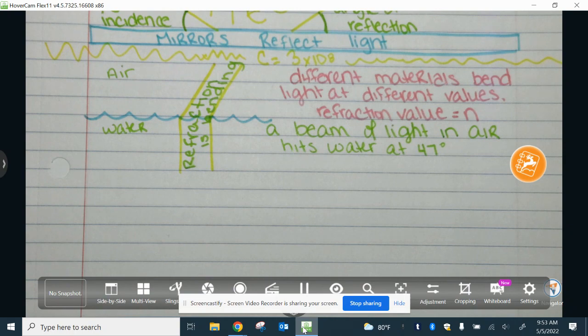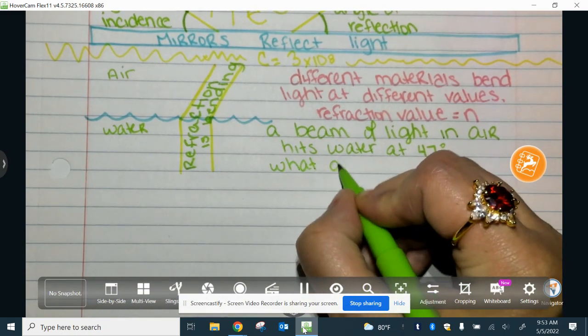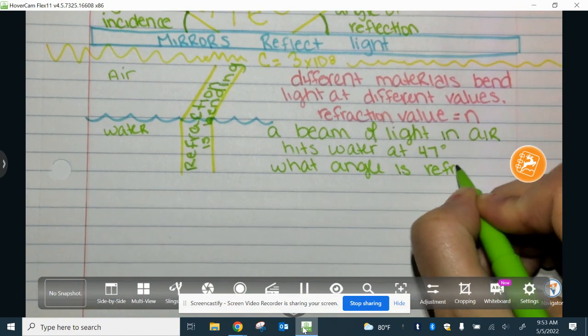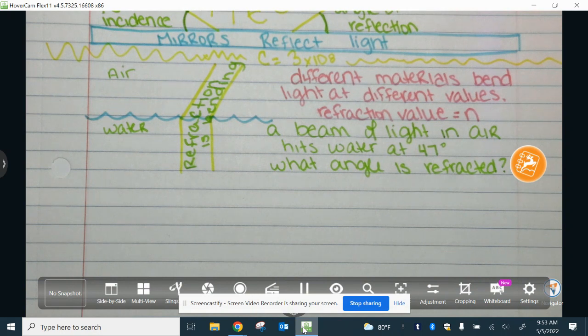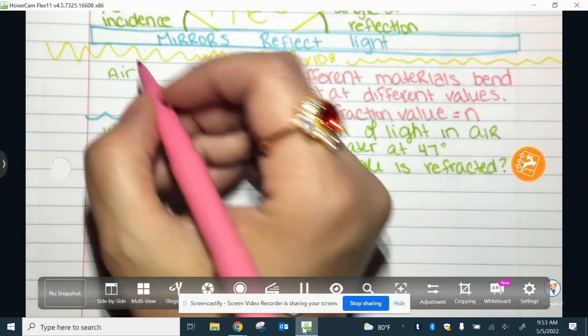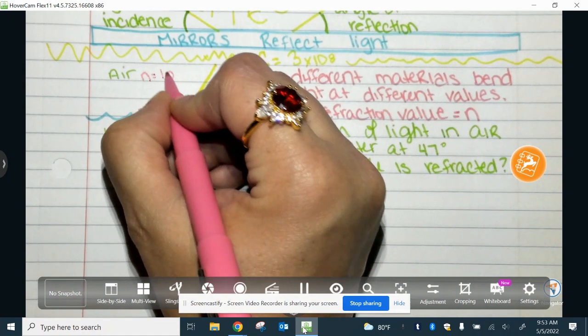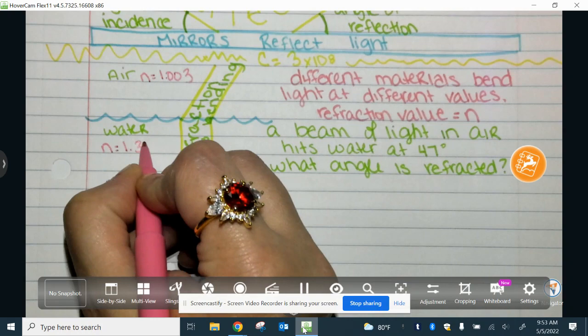What angle is it bent? Well, I said that different materials bend light at different values. We know the values that it's bent. For instance, air is 1.003 and water 1.33.